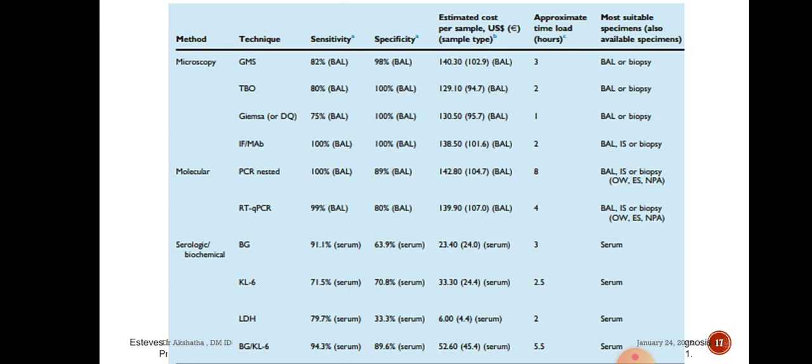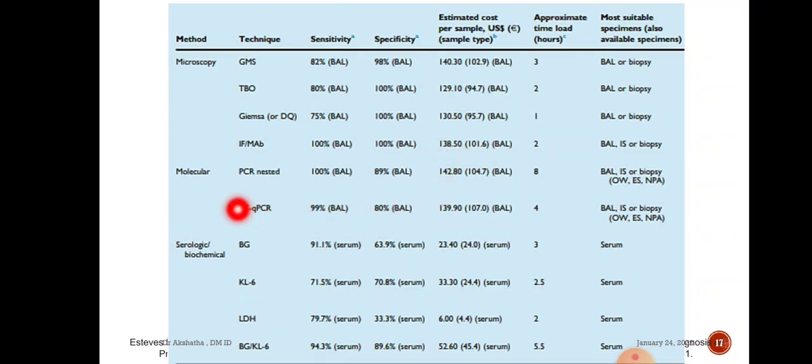In the microscopy tests, you can see the Gomori methenamine silver has the better sensitivity, whereas toluidine blue has the highest specificity. Again, as you can see, the BAL specimen has the higher specificity. Giemsa has around 75%. Immunofluorescent assay, which is done on BAL sample, has almost 100% sensitivity and specificity.